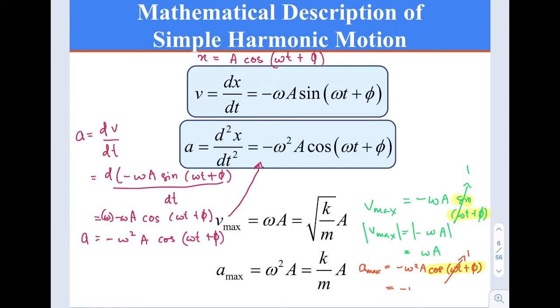Therefore, you are going to have omega squared A only. If you are talking about the magnitude of a max, then you have omega squared A only.